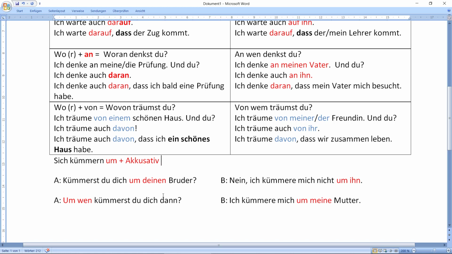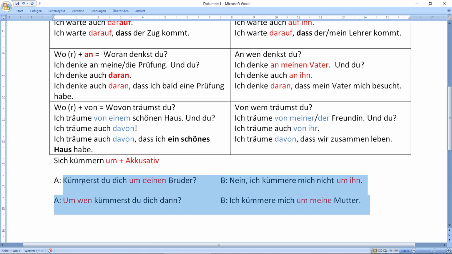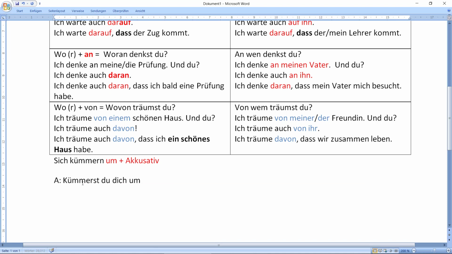Next one is we talk about an event, something, when something happens, or about something, another person. Kümmerst du dich um das Essen? Nein, darum, because of darum, kümmere ich mich nicht. And worum kümmerst du dich dann?